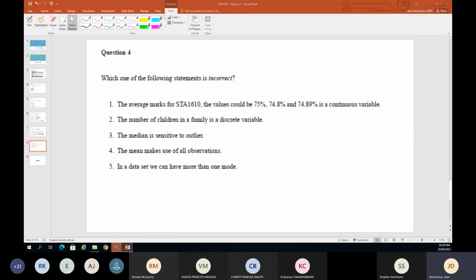Yes, there's a hand. Okay, I can't see who the hand is, but you can ask a question if you want to. For exam, because type can either be nominal or ordinal.